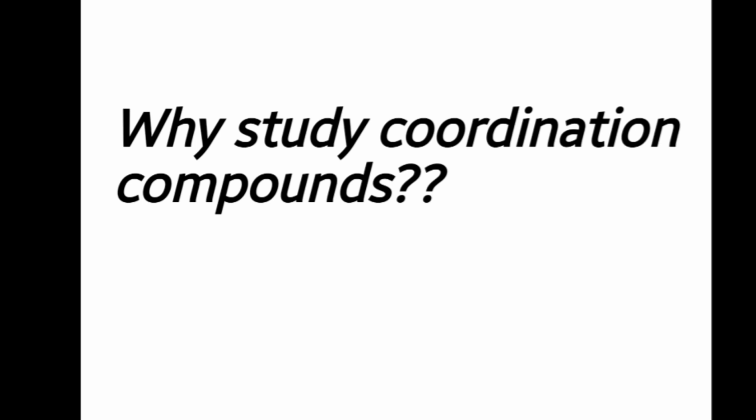Then you can use these coordination compounds in a variety of metallurgical processes. Metallurgy is nothing but extraction of metals. Once you extract metals from their ores, you can use some of these coordination compounds to purify these metals. In the chapter on metallurgy you will be learning a few examples of how to use these coordination compounds in purifying the metal.